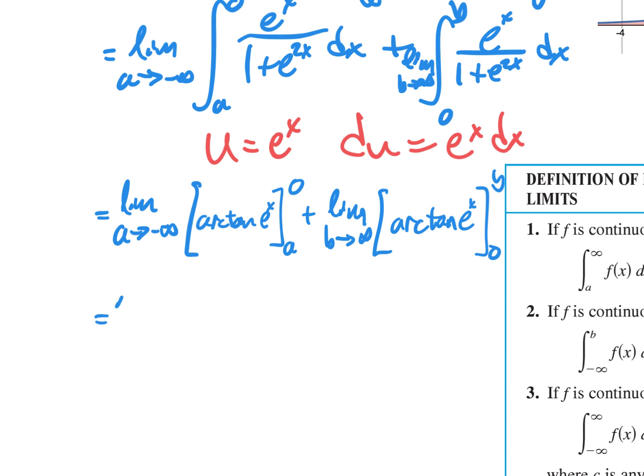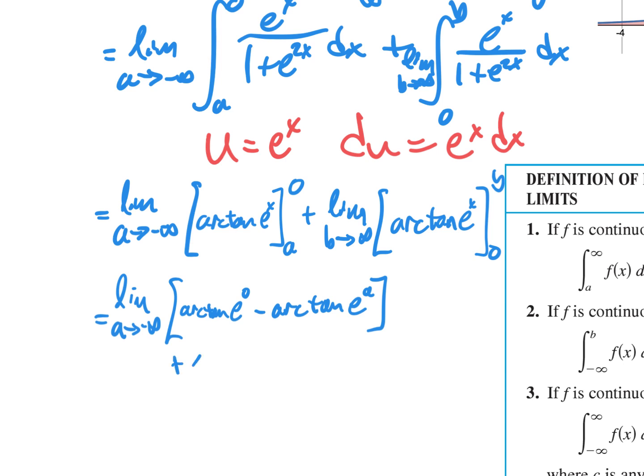Let's plug it in, we've got our limits here. A goes to negative infinity, and we have the arctan of e to the 0, minus arctan e to the a, plus the limit as b goes to infinity of the arctan of e to the b minus arctan of e to the 0.